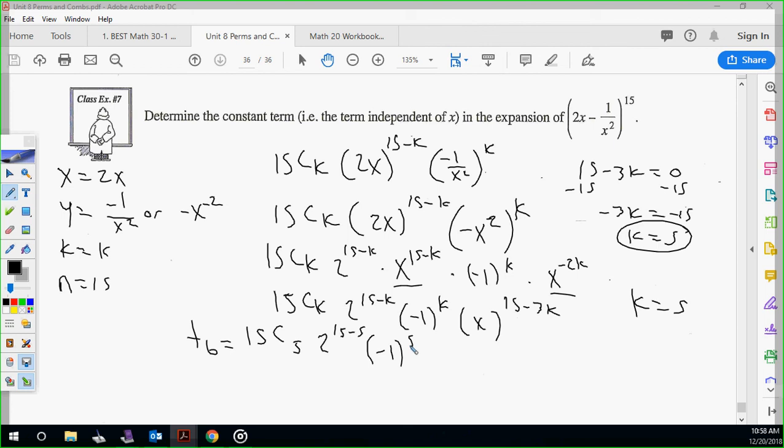That's going to be your constant. So this value, 15 choose 5, is it 3003? 15 minus 5 is 2 to the 10th. 2 to the 10th is 1024. And then -1 to the 5th is a -1.